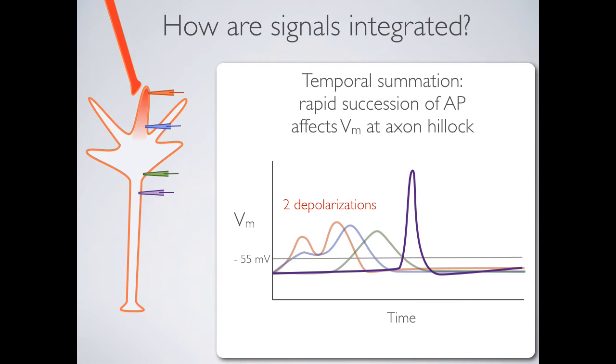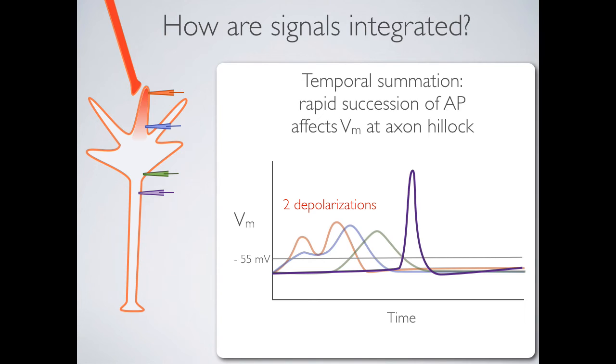All right, so this is known as temporal summation. It's just sending a train or multiple action potentials in order to excite the membrane to a higher level than just a single action potential is capable of on its own. And this is all with the aim of driving the membrane at the axon hillock, the spike initiating zone, to threshold.